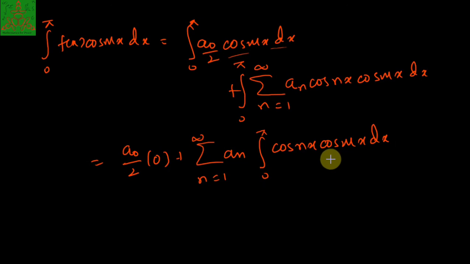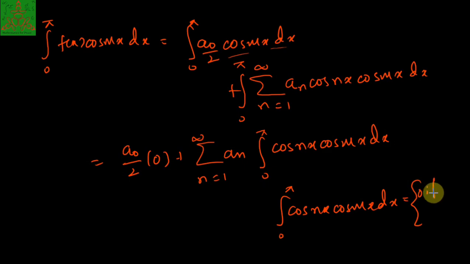And you may verify what cos nx cos mx is. The integration of this quantity will be 0 if n is not equal to m. It is pi by 2 if n equal to m. So when n is m, it is pi by 2.